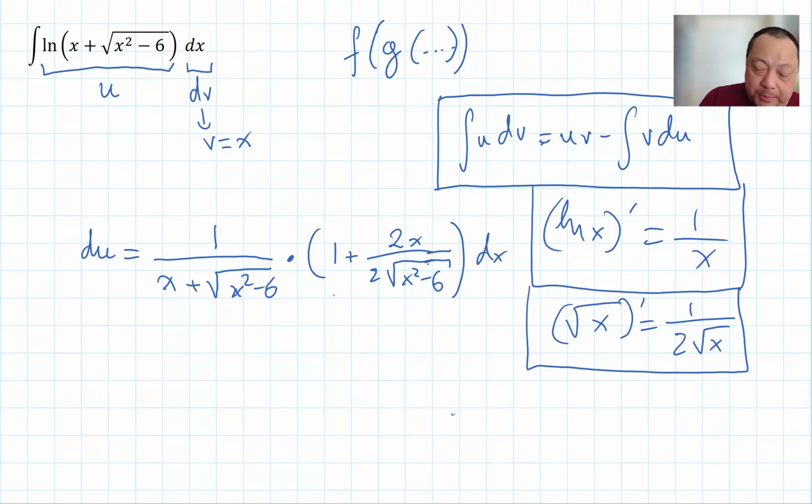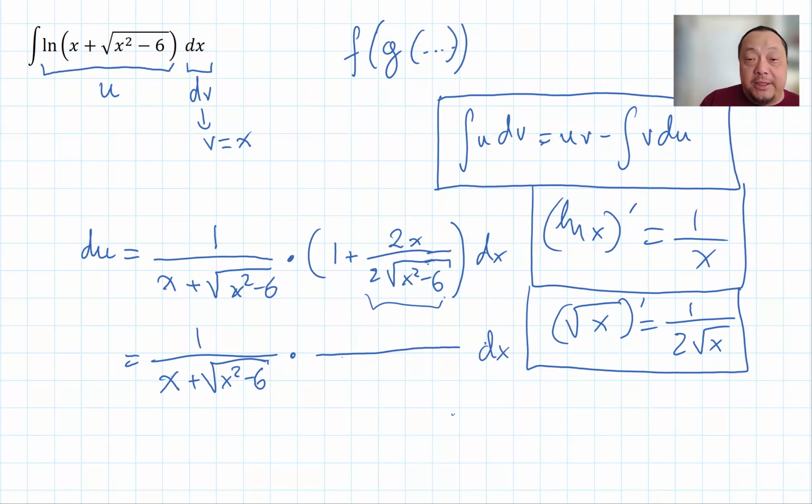Okay, I'm going to simplify this by taking a common denominator. The common denominator is 2 radical x squared minus 6. And when I take the common denominator, the 1 becomes 2 times the square root of x squared minus 6, like that. And then plus 2x.